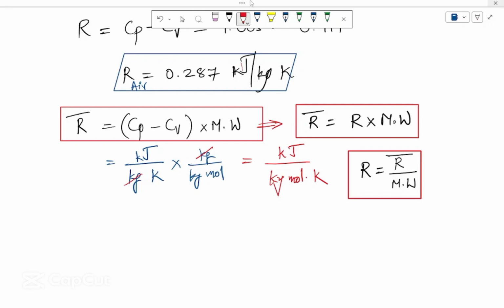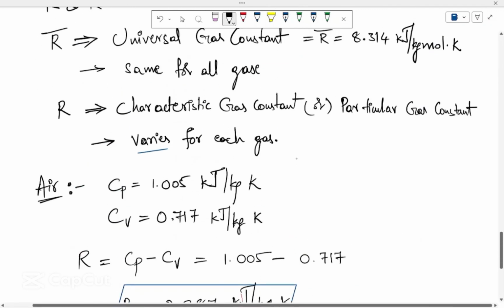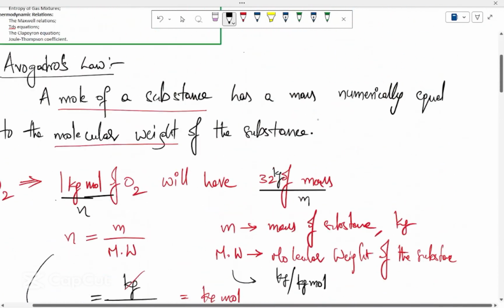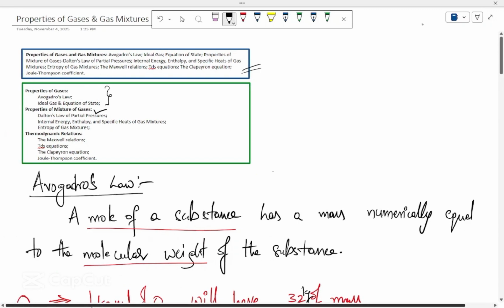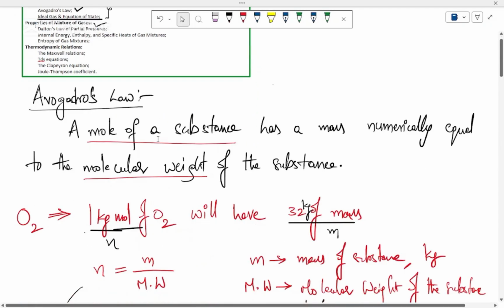Further, we should look at the forms of the ideal gas equation. So far we have discussed the Avogadro law. If I go back to your syllabus, we have seen various aspects of Avogadro law so far. Now we will go into the ideal gas equation.